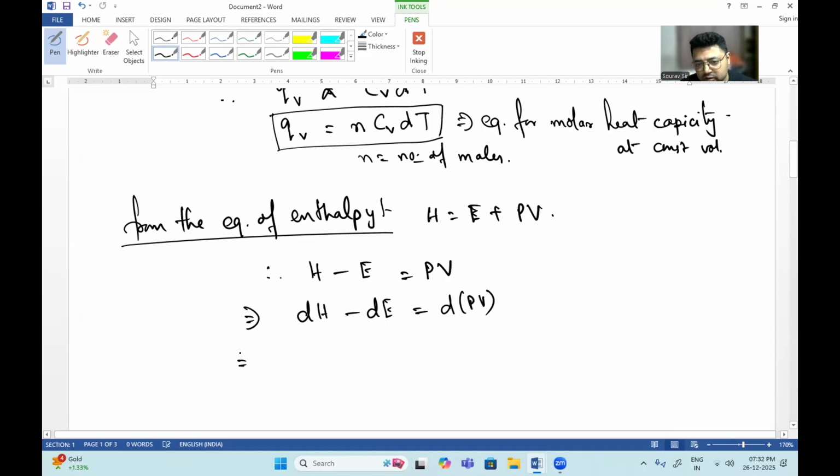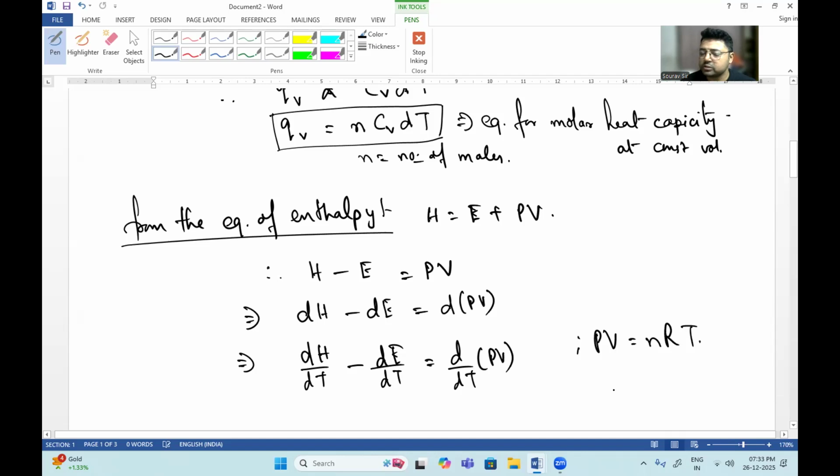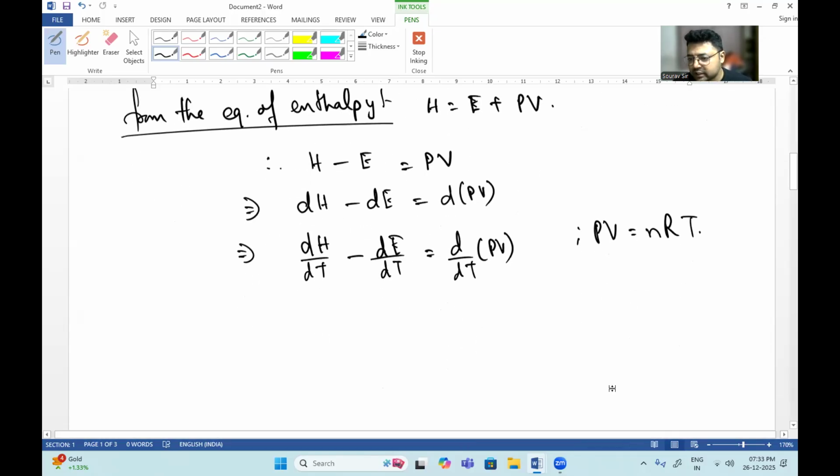Instead of this, we can write dH/dt minus dE/dt equals d/dt of PV. Now PV is nRT, because we are considering the system to be an ideal gas, so we will term PV as nRT.